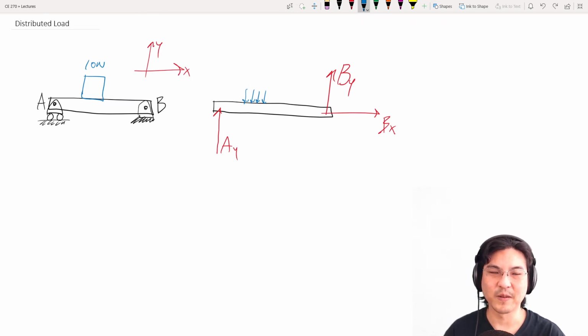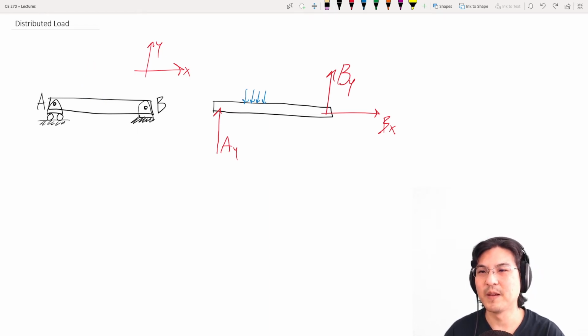So that's where we call it a distributed load. Or let's say I pile some dirt on the beam. There's more dirt here than there is here, so there's more load here than there is here.